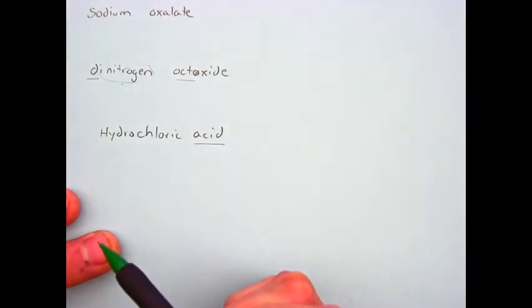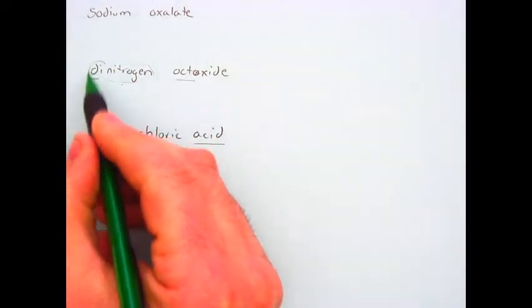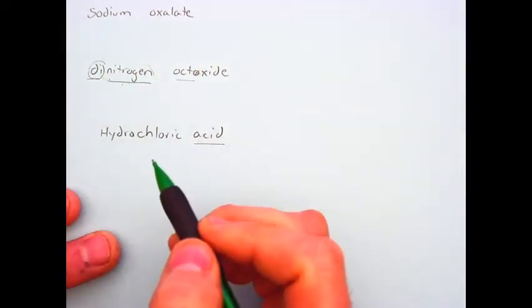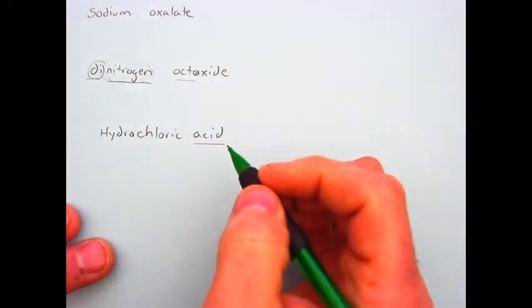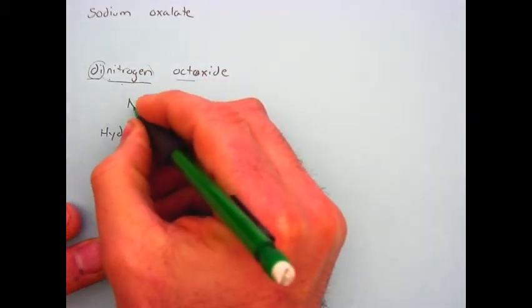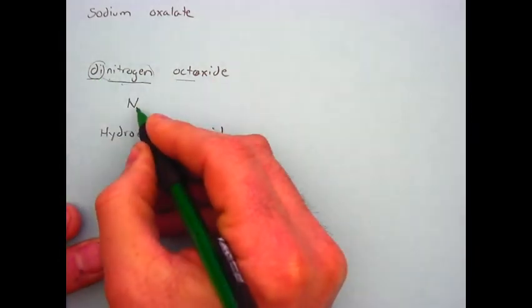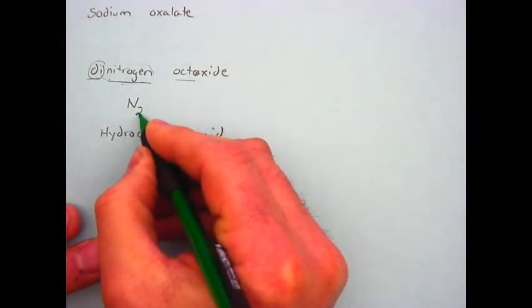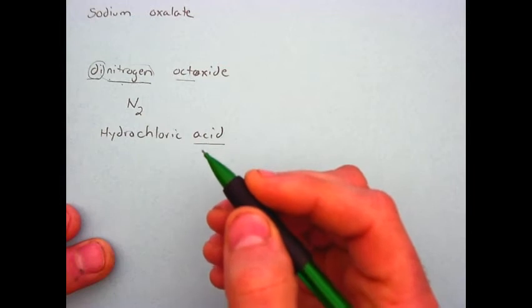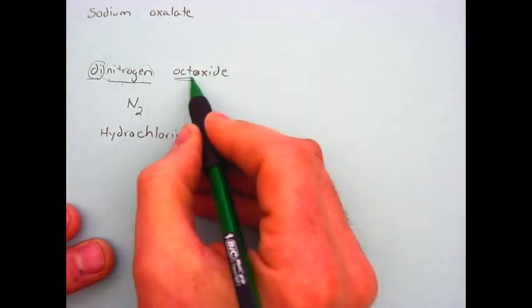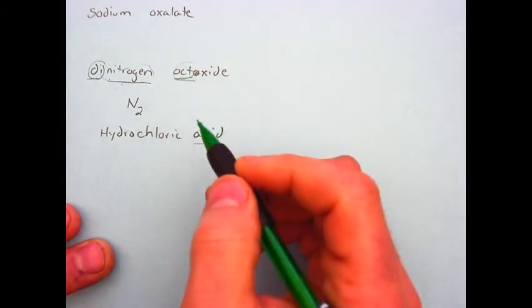These are very simple. You simply use the Greek prefix to tell you what the subscripts are for each element. In this case, we have nitrogen, so we write the symbol for nitrogen. It's dinitrogen, and the Greek prefix di means two. And then octoxide. Oct is the Greek prefix for 8.